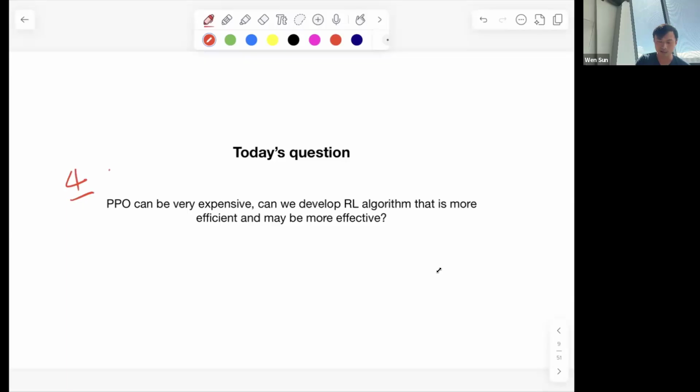So you have your pi, and you have your pi ref, and you have your reward model, R, okay? And you also have the value function, V. Don't forget about the value function. PPO trains the value function and uses it together with something called generalized advantage estimation to compute advantages for every token and then to update, right?